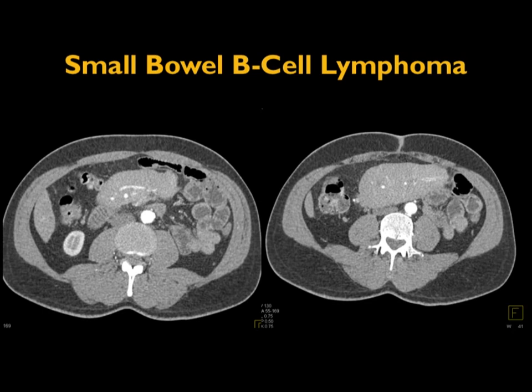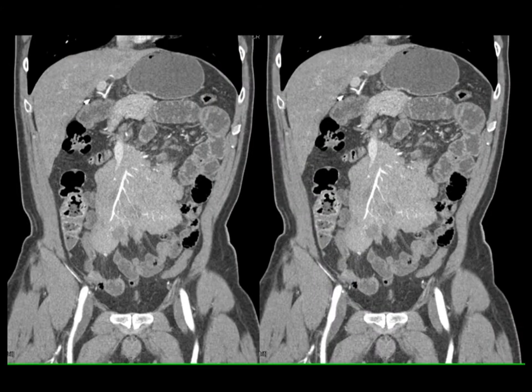Lymphoma can involve the mesentery, and the sheet of tumor in the mesentery, the sandwich sign, is so classic. Coronal view beautifully showing you the SMA and SMV encased by this infiltrating tumor. And carcinoid, we showed SMV, SMA involved, but with a desmoplastic reaction.